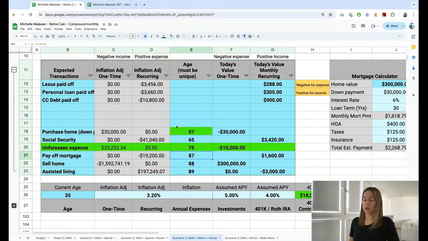Yeah, I would highly encourage the emergency fund comes first, and I think it's really important that expenses are decreased.